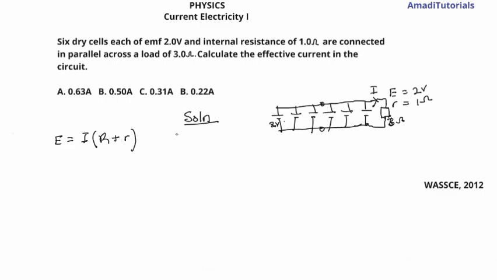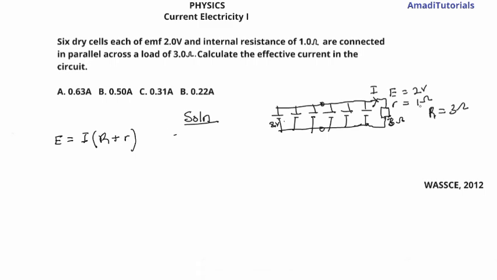So we have our big R to be 3. Our big R equals 3 ohms.